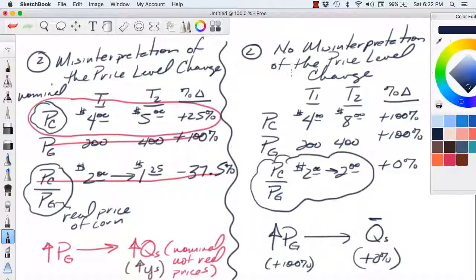In the long run, you're going to have a vertical aggregate supply curve because you have no wage lag effect and no misinterpretation of price level changes. Whereas in the short run, you'll have an upward sloping supply curve because you do have a wage lag effect, or you may have a wage lag effect, and you may have this misinterpretation of price level changes by producers. Okay, we'll conclude with this.